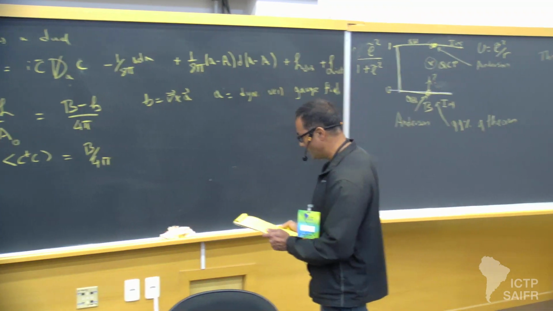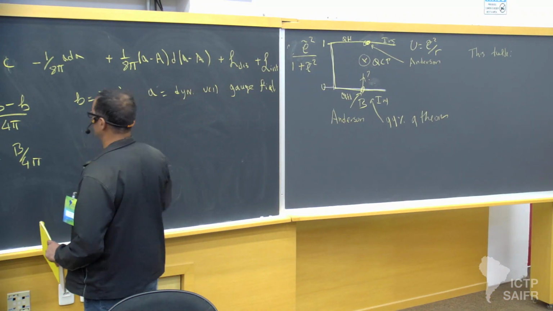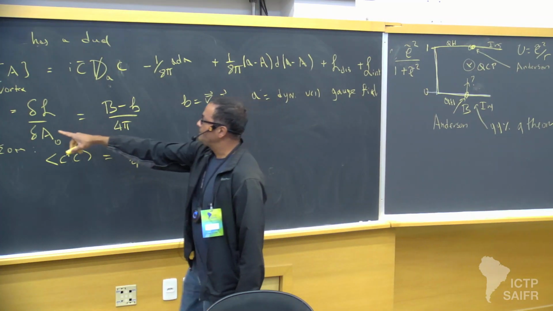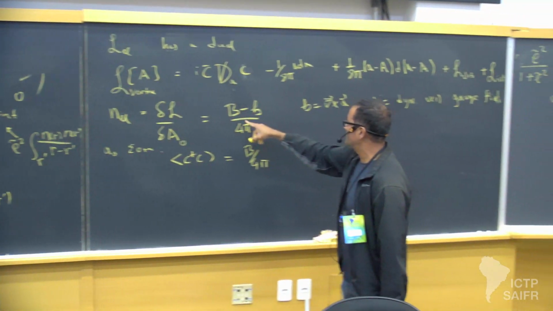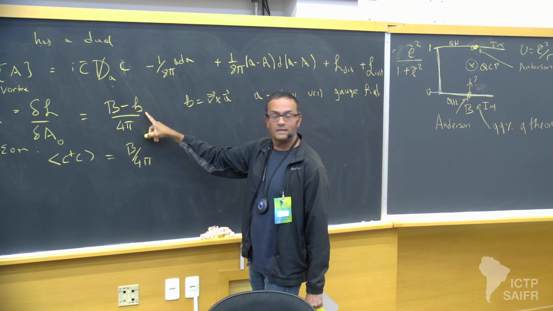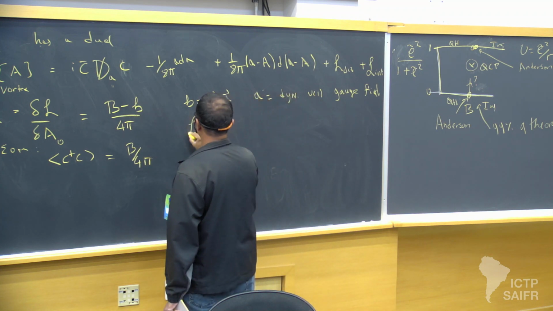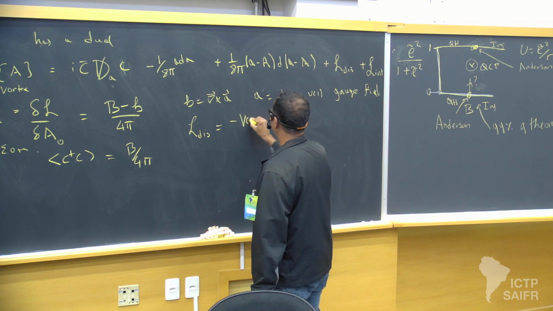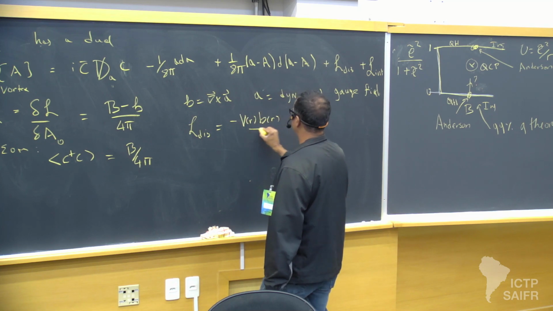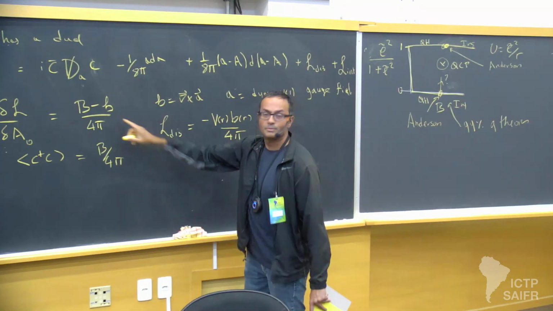So what have we gained? Nothing so far. But when we add disorder, since the disorder couples to the electrons in this theory, the electron density is, up to a constant, just the random magnetic field. So the disorder Lagrangian is going to be minus V of R, B of R over 4 pi from this expression.